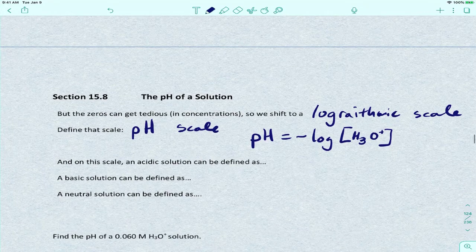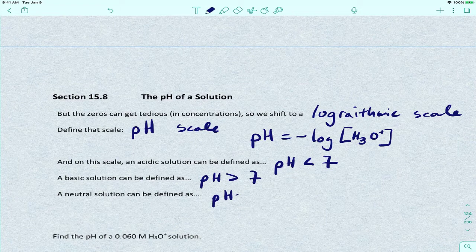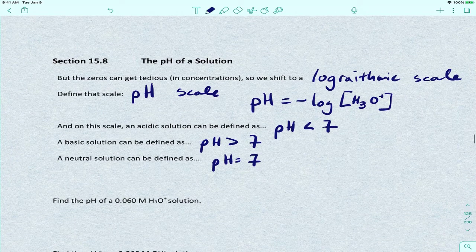Okay, and so on the scale, as long as the pH is below 7, then we say that it's an acidic solution. If the pH is above 7, it's basic, and if pH is 7, we know it's neutral. Now we can also turn around and find the concentration of H3O plus.